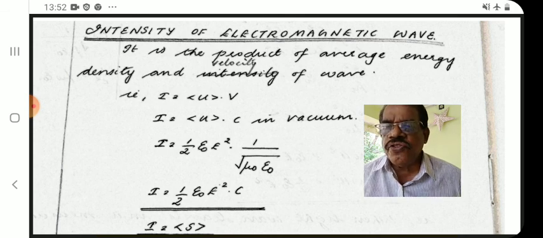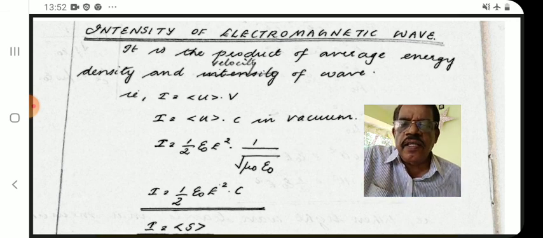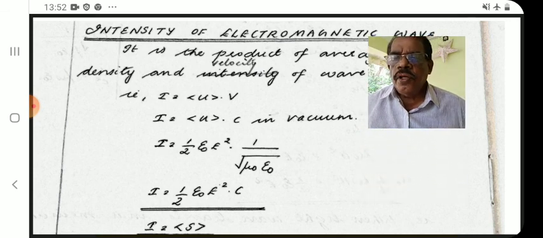Average energy into velocity. Or in vacuum, we write intensity of wave as expectation U into C. What is C? 1 by root of mu 0 epsilon 0.